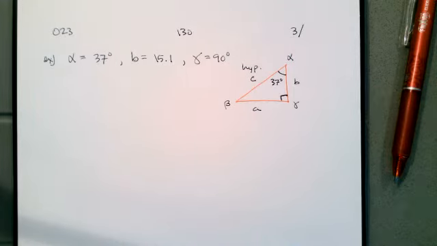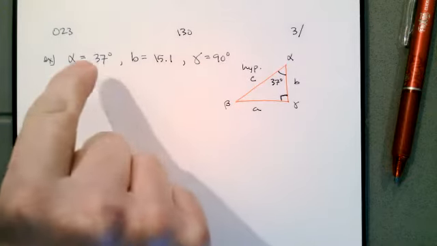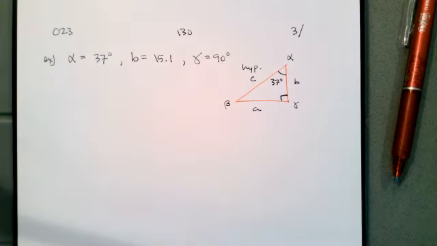The thing that should jump out at us is that we have a right triangle, and we're given one of the acute angles. So we should immediately just subtract to find the third angle. We want to do things with as little thinking as possible when we can.